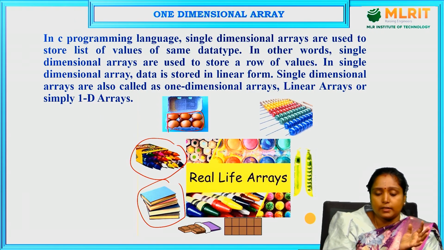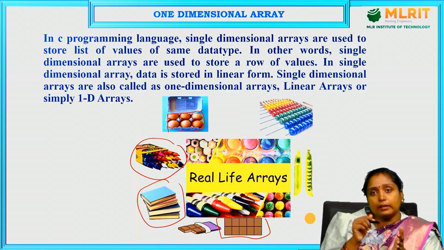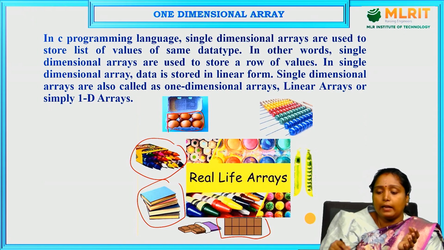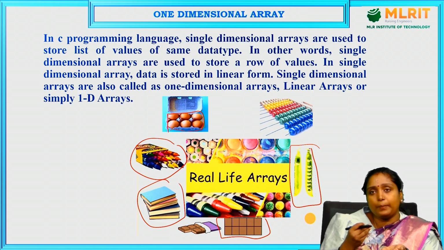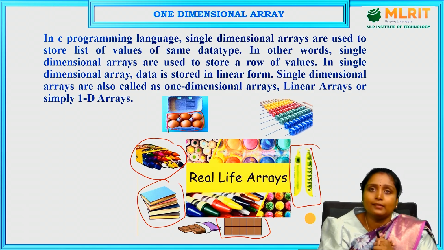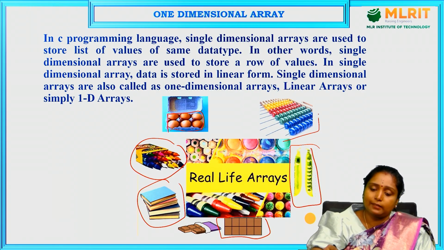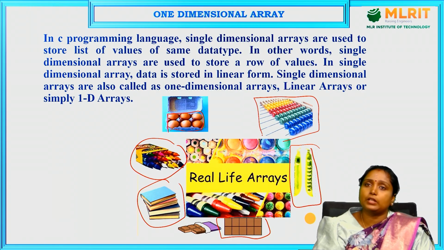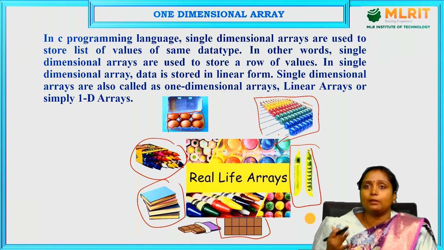A chocolate bar consists of all the slices of chocolate. In a green pea pod, you will have the peas in one shell. That is known as an array or one-dimensional array. The abacus is also one example. On one particular string, you will have all the same type of beads. So this is all about one-dimensional arrays.